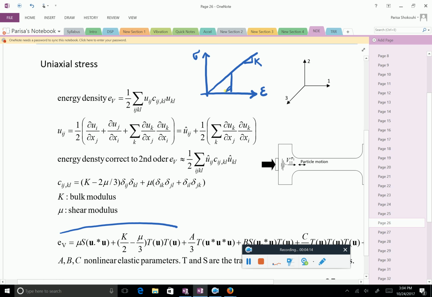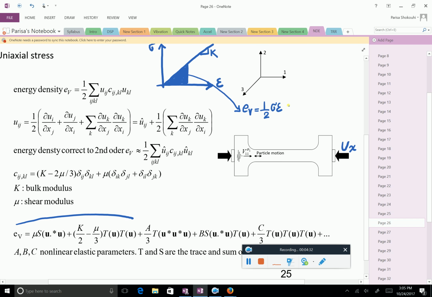Energy density is nothing else but the area underneath. So in this case, energy density is 1/2 sigma epsilon, which I write as 1/2 epsilon k epsilon to have the same form as you can see there. The notation is the tensor notation. This is a slip from the previous handout.